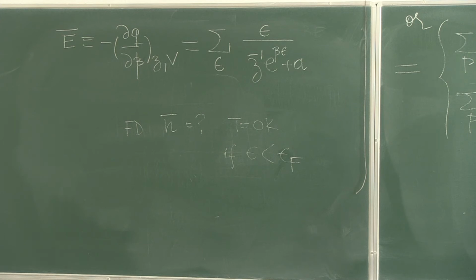If energy is smaller than that, what is the e to the minus beta times this difference? E minus something greater is negative. So that goes to 0, and plus 1, 1 divided by 0 plus 1 is 1.